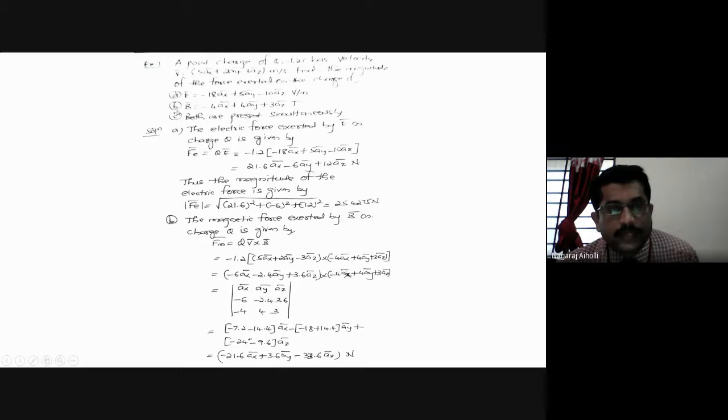Second one, B, magnetic flux density B bar is equal to minus 4ax bar plus 4ay bar plus 3az bar Tesla. Third one, C, both are present simultaneously.